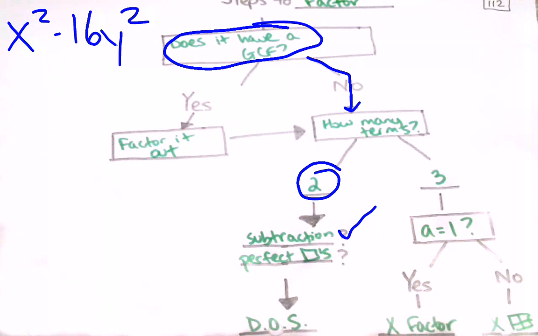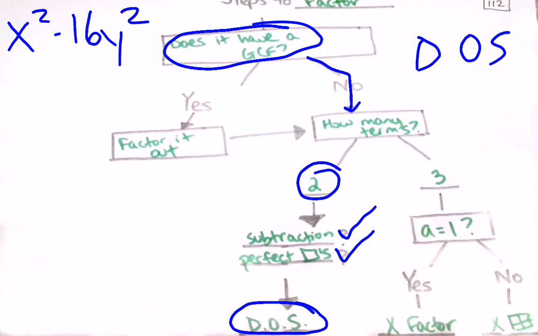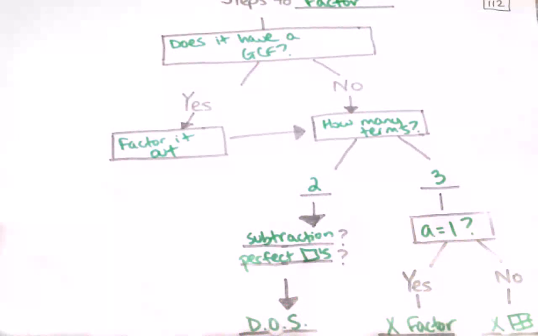Yes. Do I have perfect squares and even exponents? Yes. So I would factor it as a difference of squares. And if you've been practicing in class, then you know how to factor something as a difference of squares. The hard part now is knowing that I need to do a difference of squares. Let's look at another one.